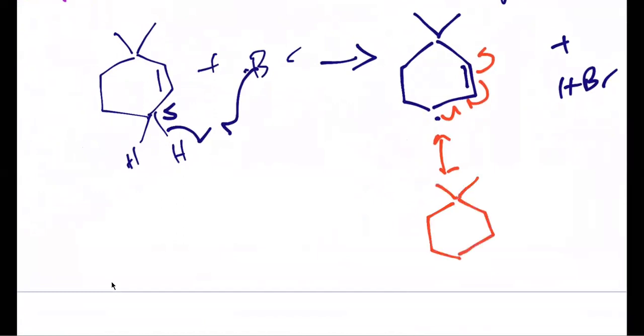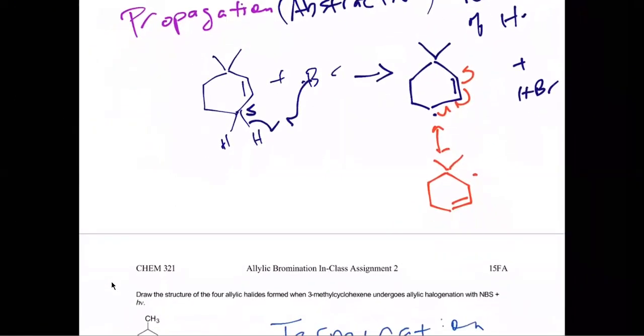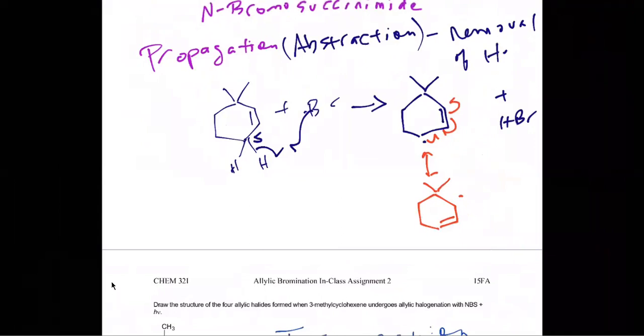That's my resonance form. Okay, so now that's propagation. I ripped off H dot, and then the radical that I made ended up rearranging through resonance. Everybody in agreement with that? So the resonance part is going to happen during propagation.